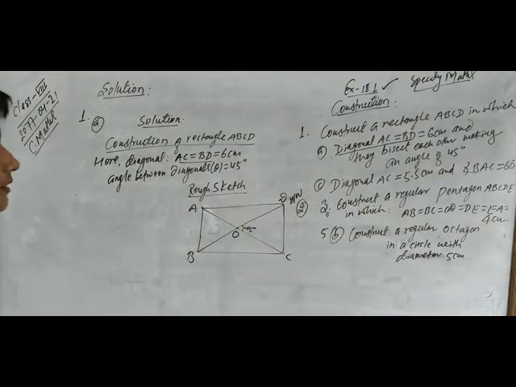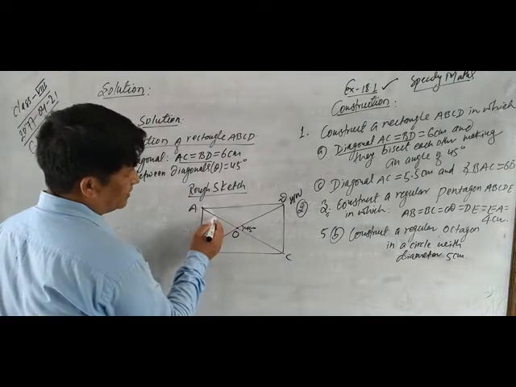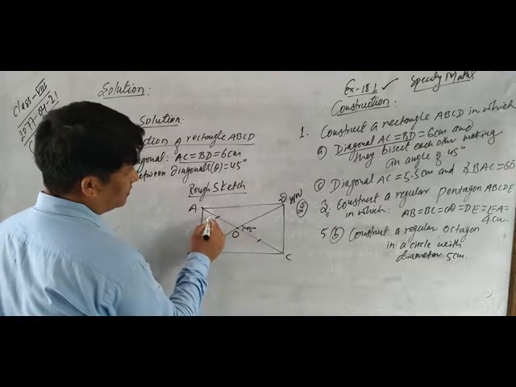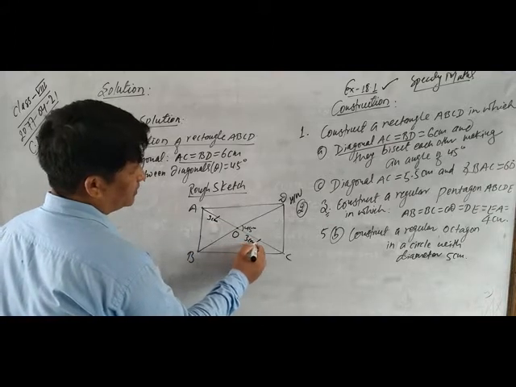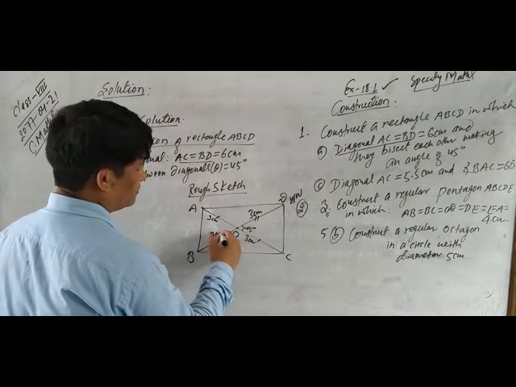Okay, dear students, have a look here. Now the length of AC is 6 centimeter. That's why we can write that these two are equal, 3 cm, 3 cm, and these two are also equal, 3 cm, 3 cm.